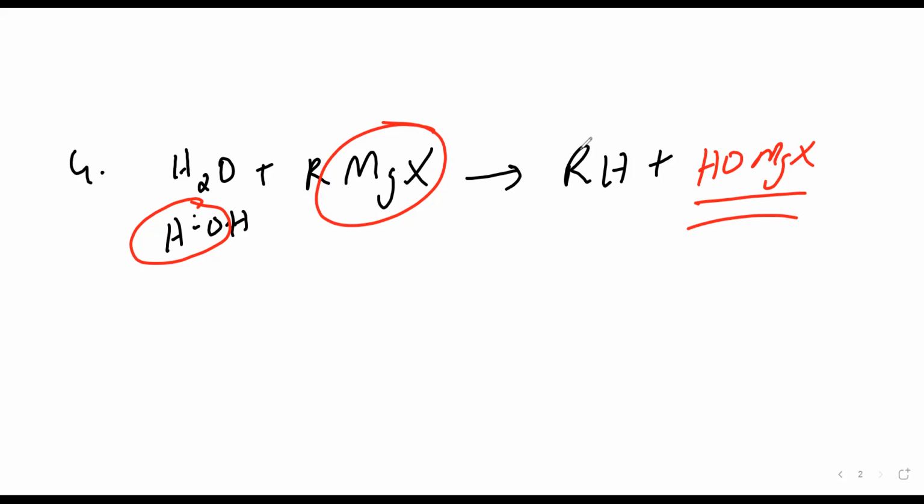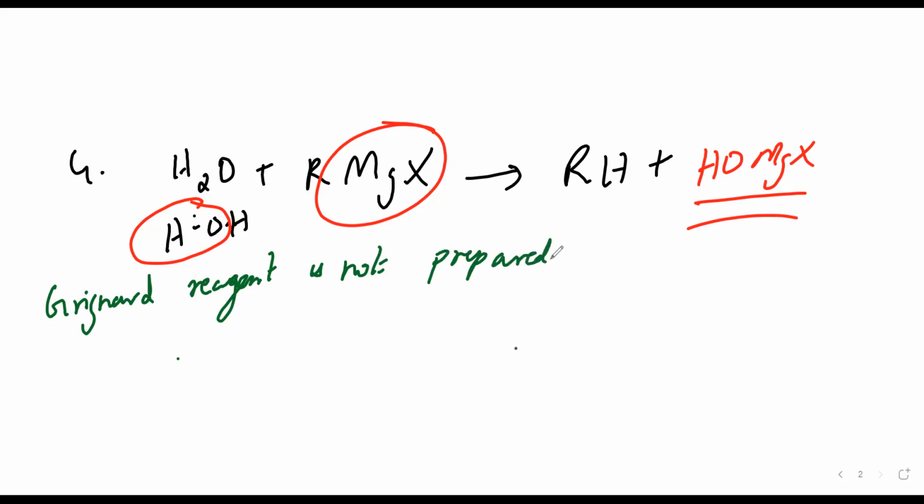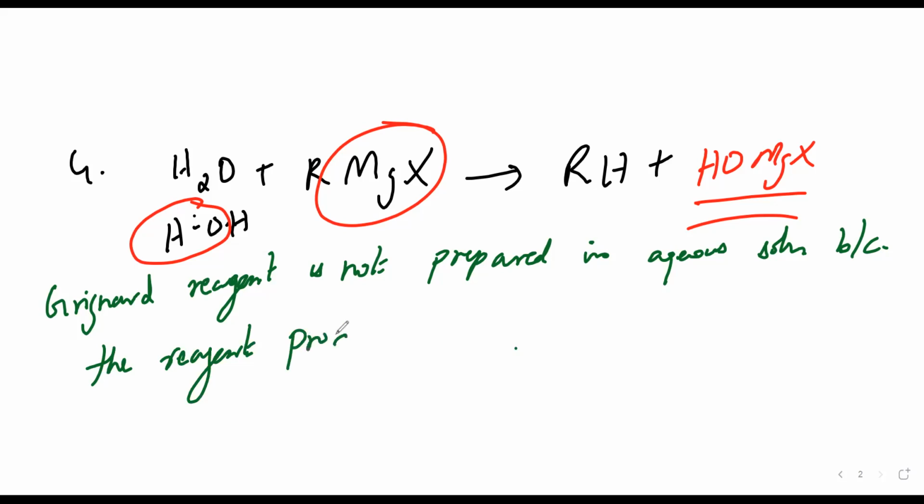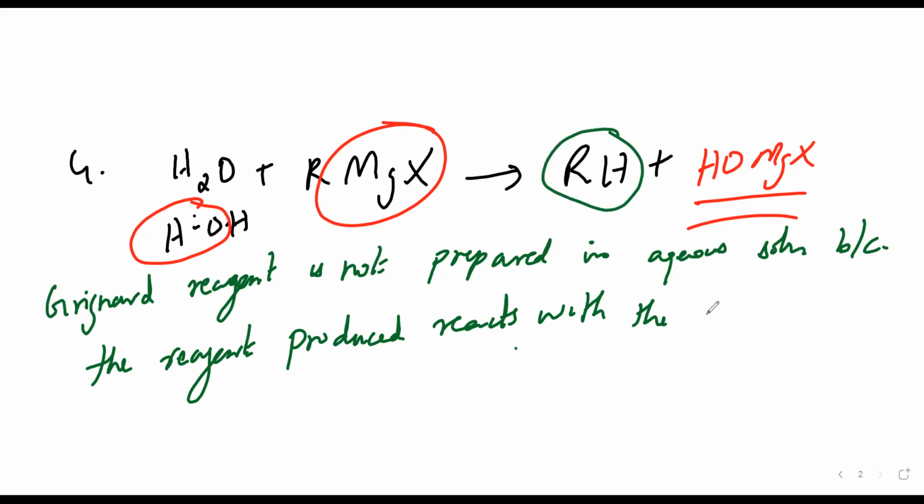So the basic reason is, I'll write it in words: Grignard reagent is not prepared in aqueous solution because the reagent produced reacts with the active hydrogen of water, the active H of water, to give alkane.